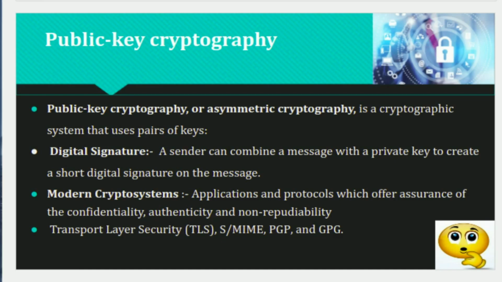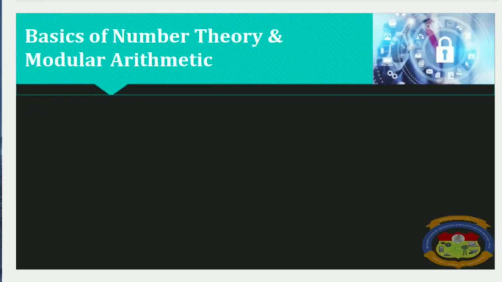So to understand the RSA algorithm, we need to take a review of some basics of number theory and modular arithmetic. So next is modular arithmetic. Modular arithmetic is a system of arithmetic for integers where values reset to 0 and begin to increase again.